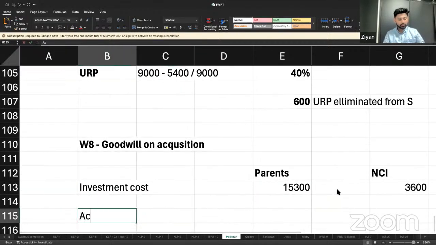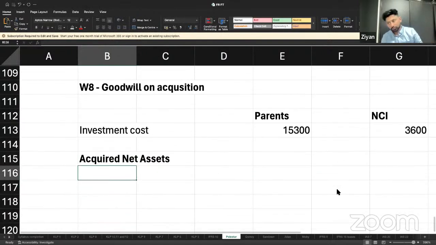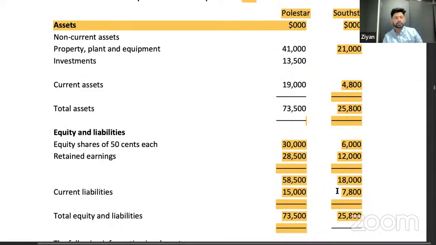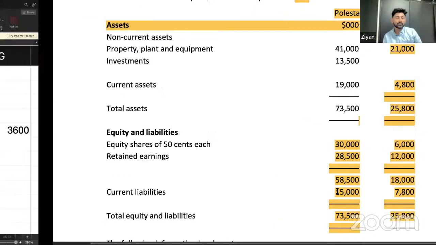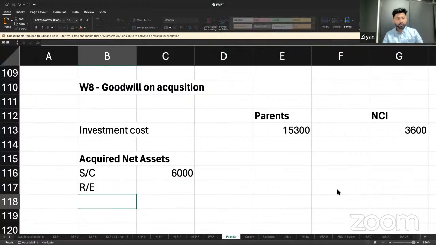And then what do I take? Acquired net assets. What are the net assets? Share capital. How much is share capital? 6,000. And then what do I take? Retained earnings.